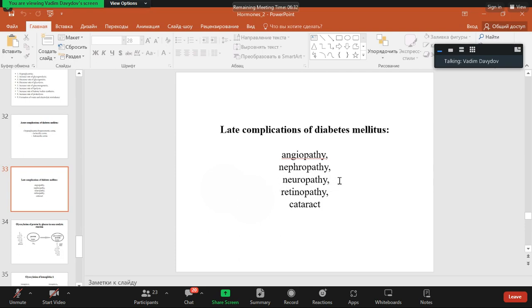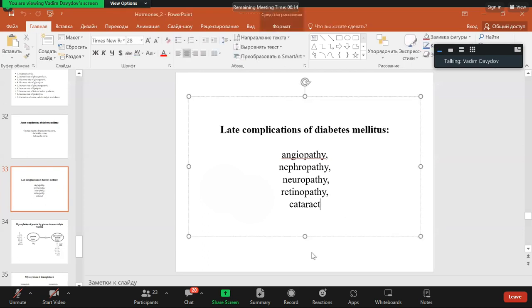It may be neuropathy, coupled with injury of brain function, usually coupled with injury of the myelin, the function of myelinated nerves. It may be retinopathy. It may be cataract. And my dear colleagues, please recall that all these late complications are coupled with increasing accumulation of glucose in the blood and in the tissue.